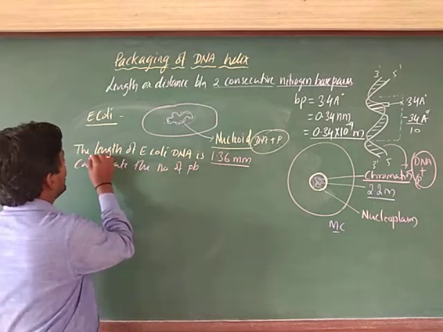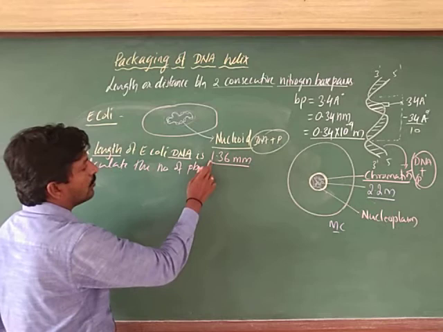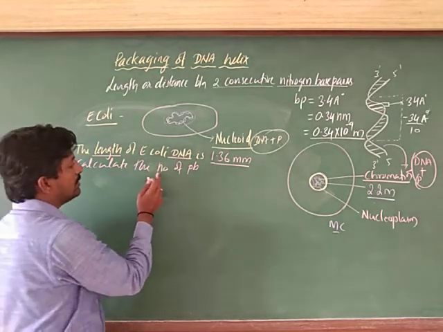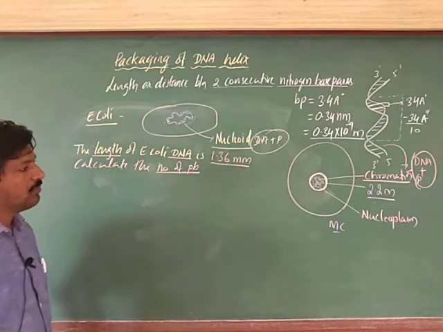The length of that DNA is 1.36 mm, and they are asking for the number of base pairs. Go through that simple formula.